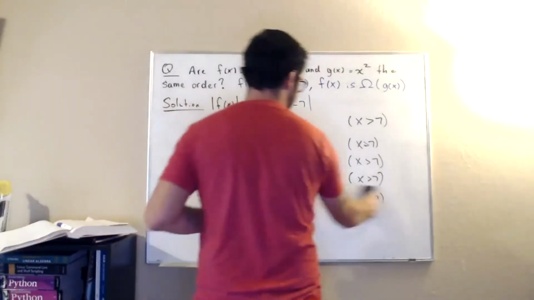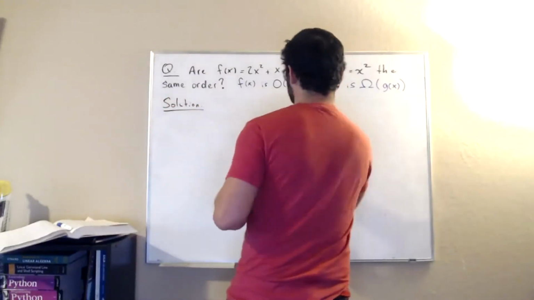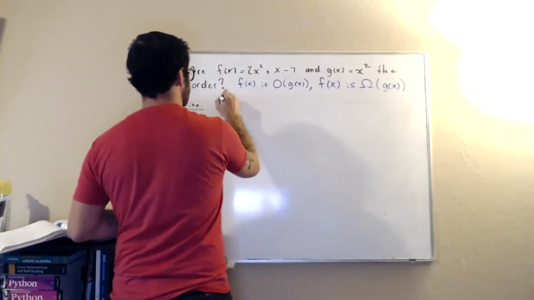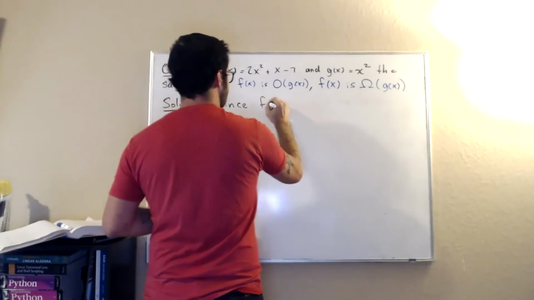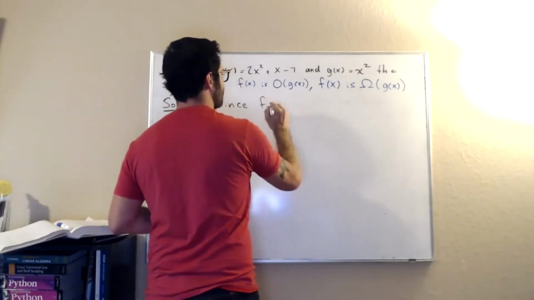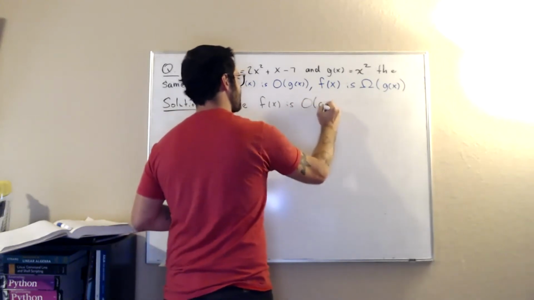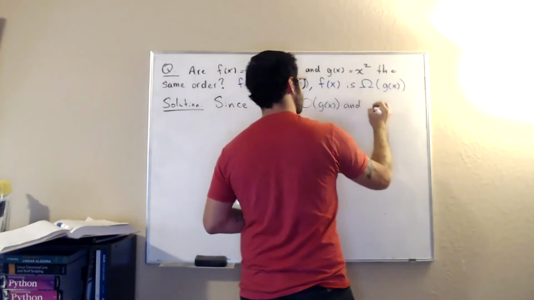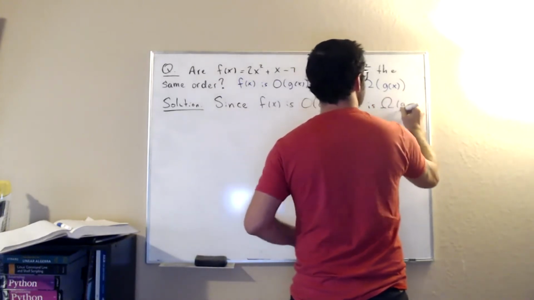So with all that work, after you did that work, you can say something that makes sense: f of x is big O of g of x, and is big omega of g of x.